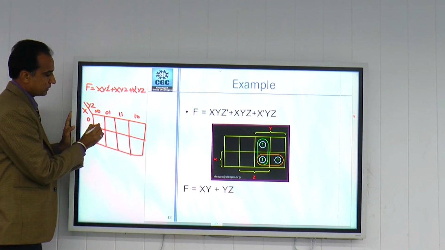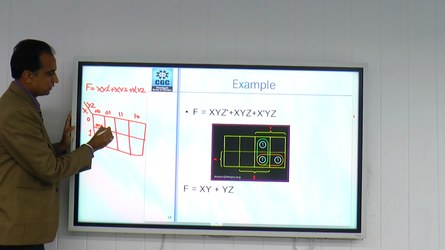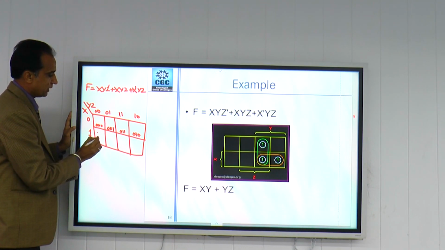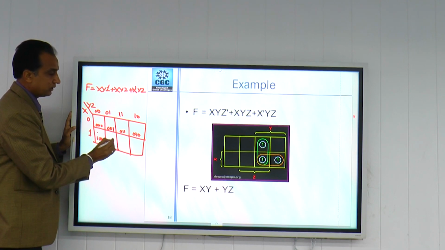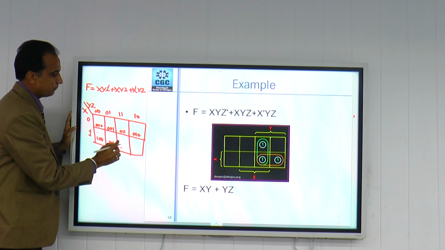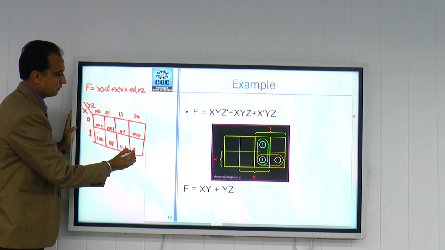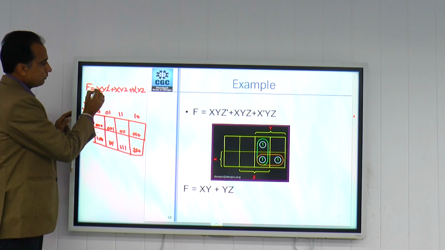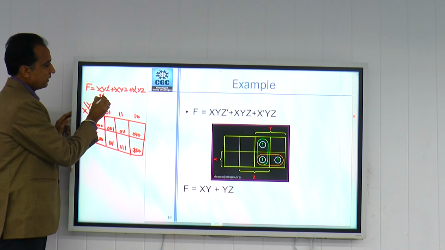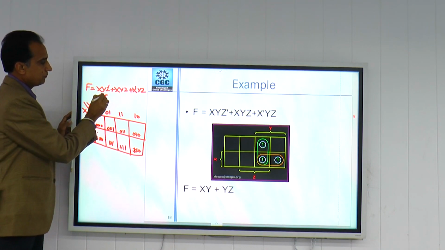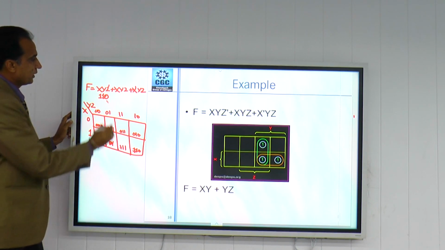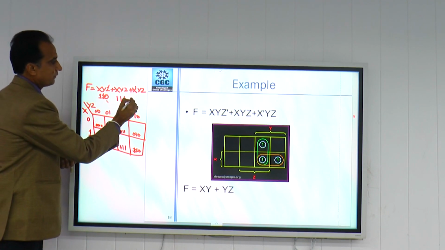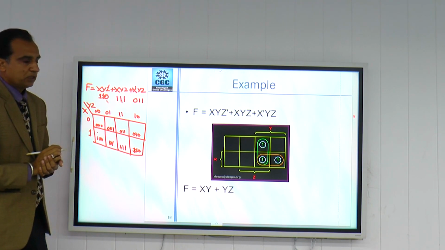This box represents 0 0 0, 0 0 1, 0 1 1, 0 1 0, and then 1 0 0, 1 0 1, 1 1 1, 1 1 0. And now, according to this equation, this first element represents 1 1 0. Then this second element represents 1 1 1.